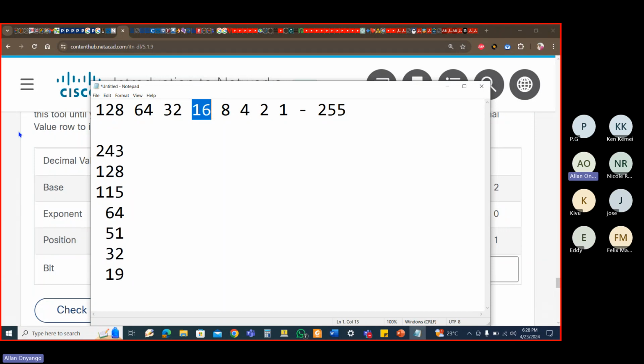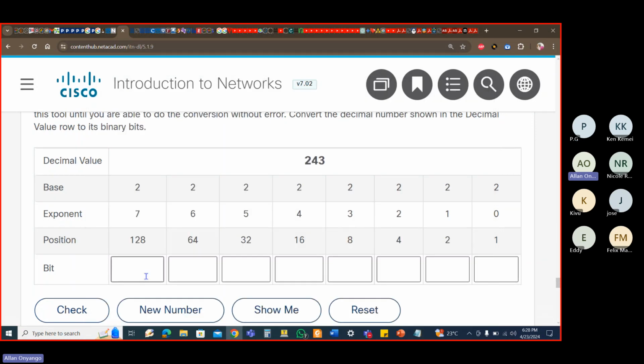So the objective. Look here. We started by minusing 128. Put a 1 there. Again, we minused 64, so we put 1 there. We also minus 32. And at that point, we remained with 19. And 19, we have said it is 16 plus 2 plus 1.